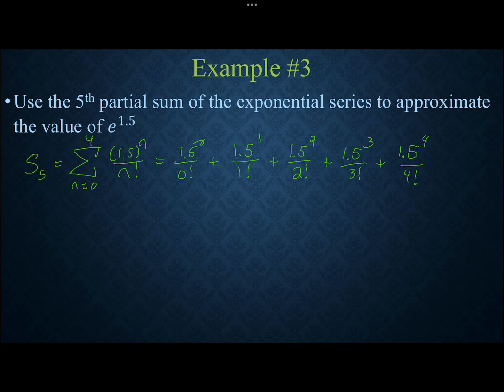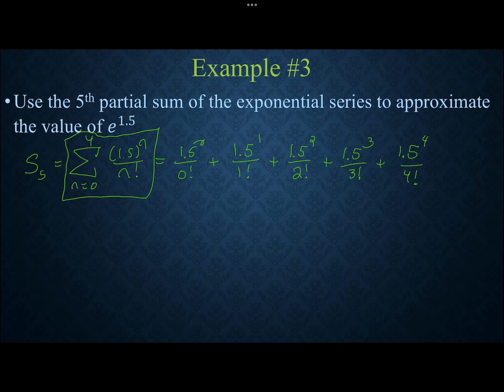Those numbers, especially towards the end, are going to start getting very, very small, doing the exponents and all those factorials. So we don't really want to do these individually. We want to type this into our summation form in the calculator, the partial sum part right there.